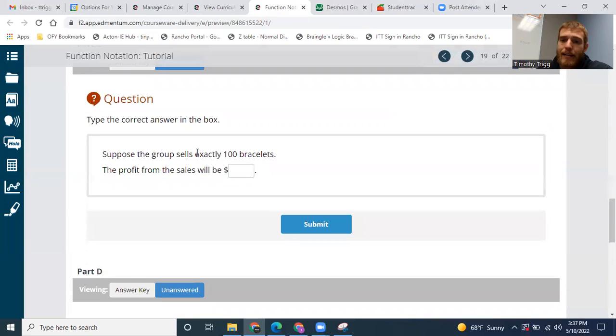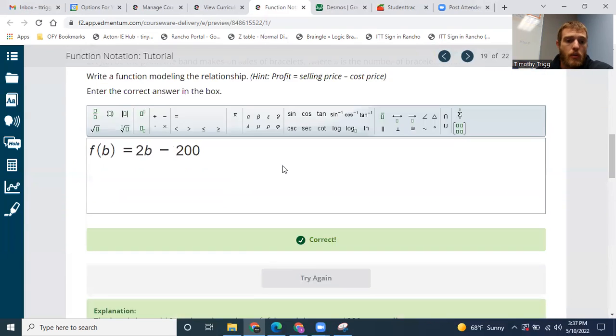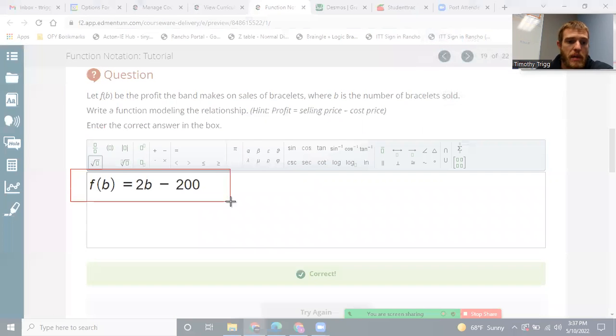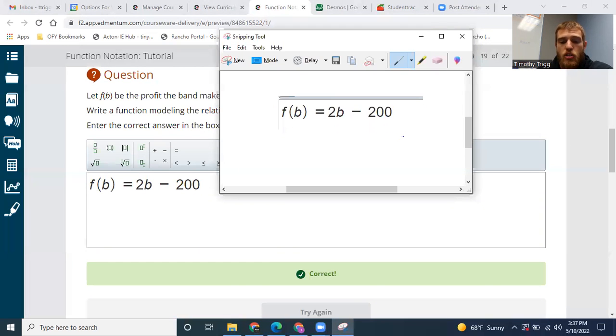Suppose the group sells exactly 100 bracelets. So what would be their profit? So we're going to go ahead and grab our function here. F of B equals 2B minus 200. So that's our profit equation here. And we want to know what would be their profit if they sold 100 bracelets. So we're going to do F of 100, replacing the B with 100.